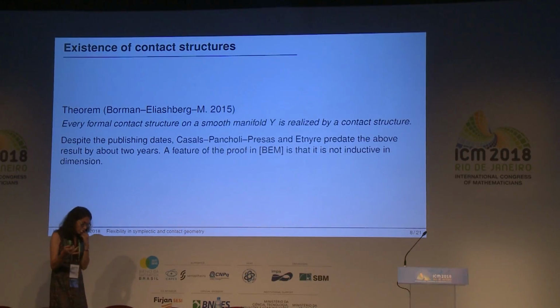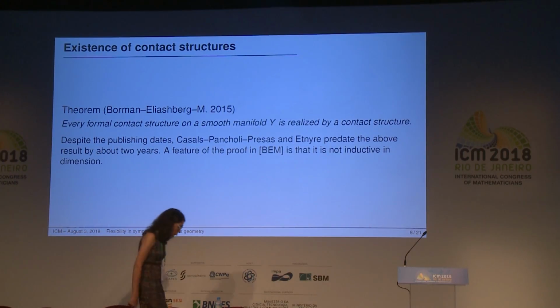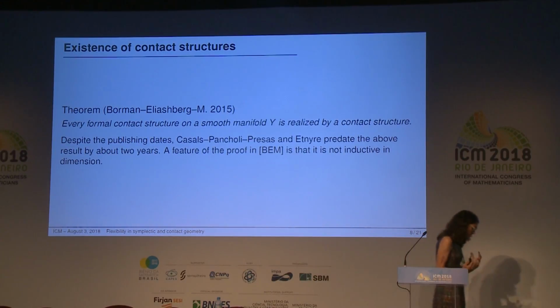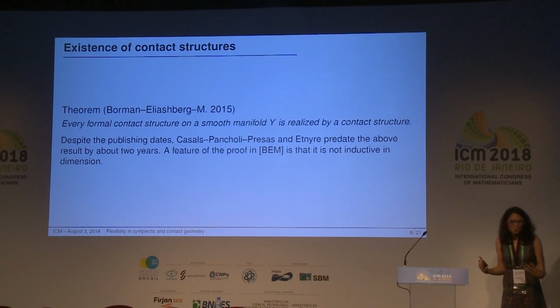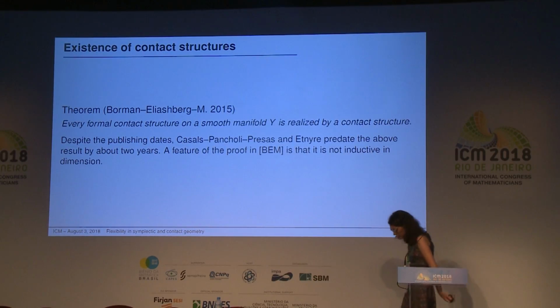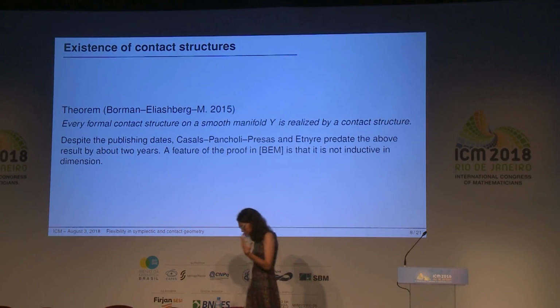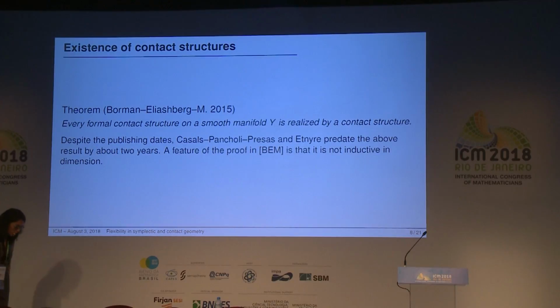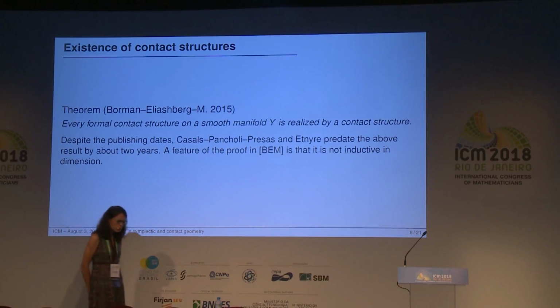Whereas ours, an important feature, I would say, is that it's not inductive on dimension, and I'd say that's in some sense what made us able to go further, I suppose.